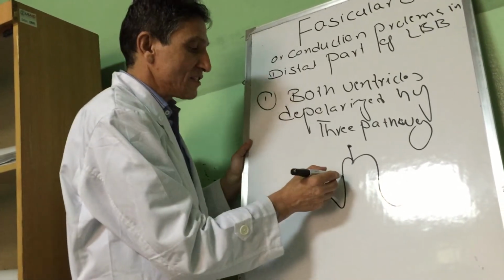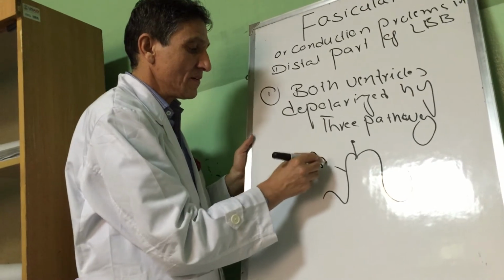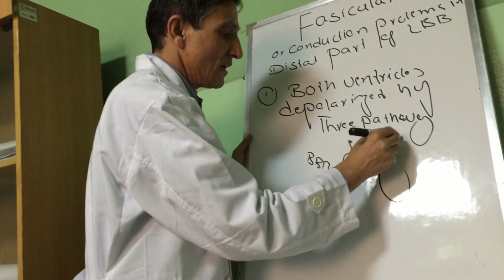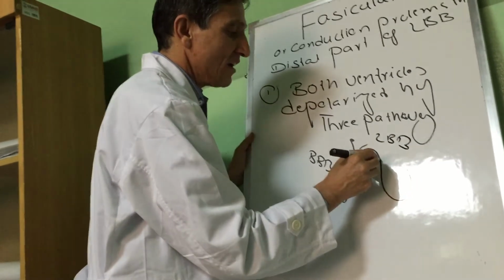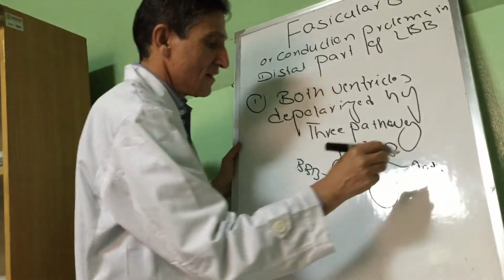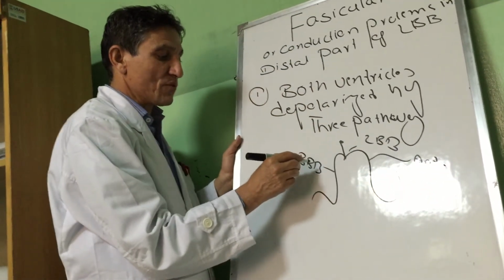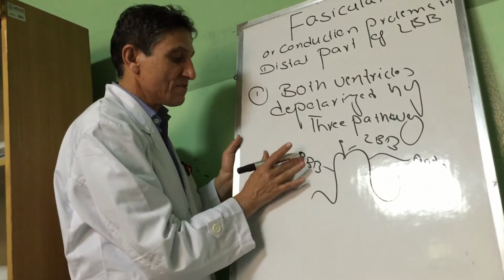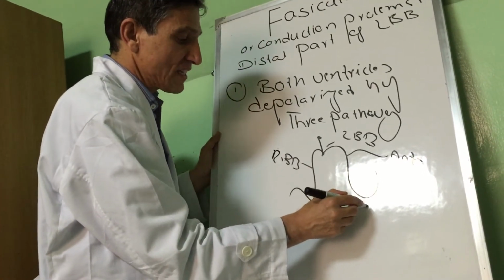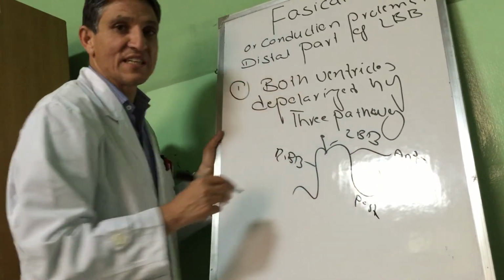These three pathways are the right bundle branch, the anterior fascicle, and the posterior fascicle.